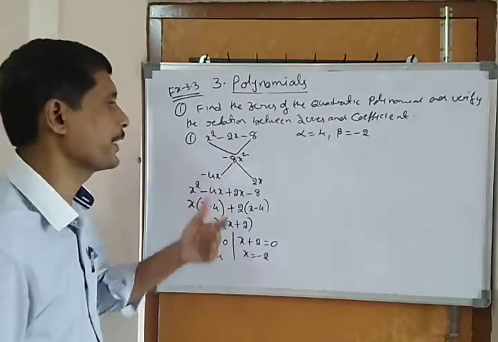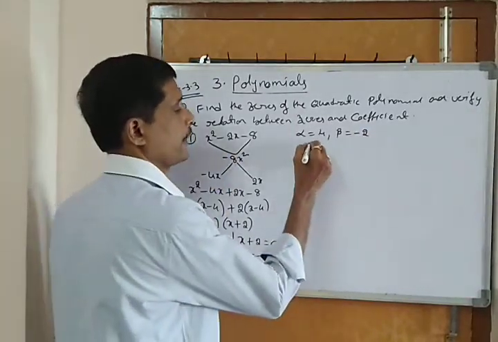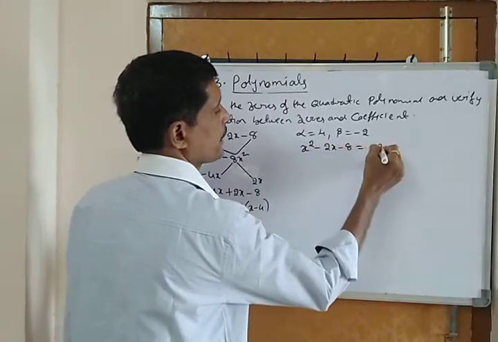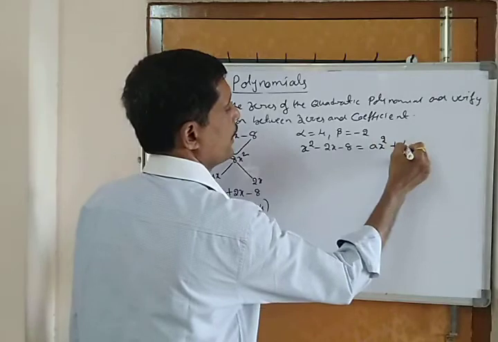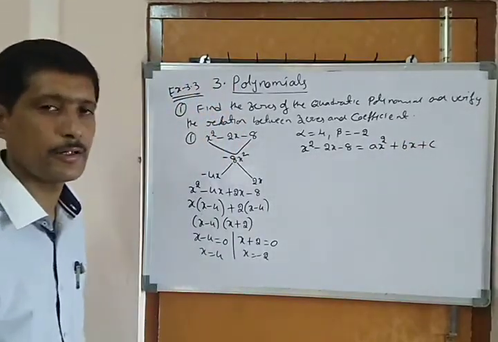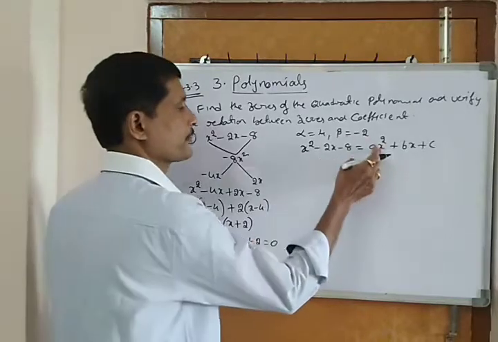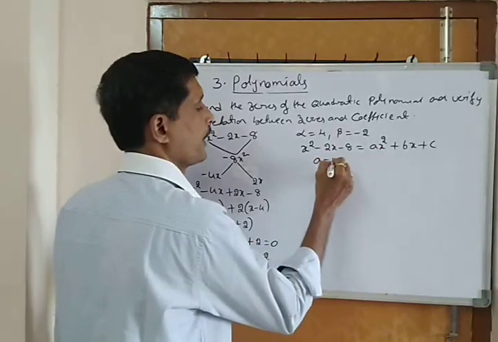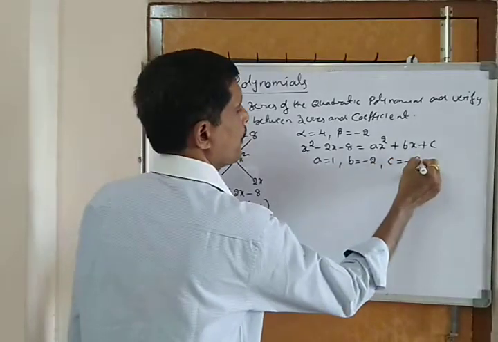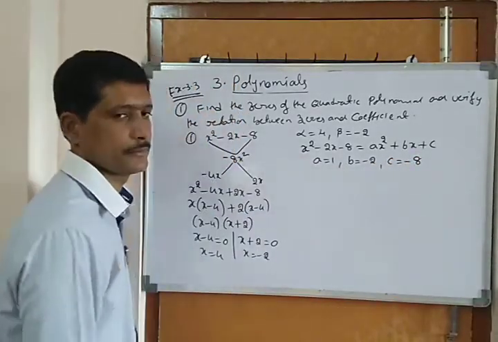Next, according to the given problem, x square minus 2x minus 8 is compared with the general equation of a quadratic polynomial, ax square plus bx plus c, where a not equal to 0. Here the coefficient of x square, that is a, equals 1, b equals minus 2 and c equals minus 8.